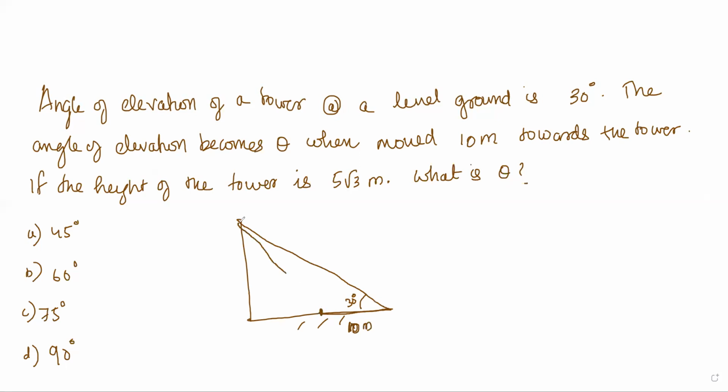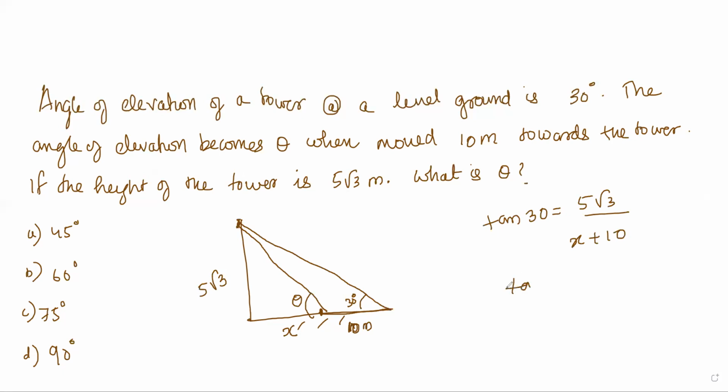If the height of the tower is 5 root 3, you have to find theta. I'm putting x here. Now tan 30 is opposite by adjacent, 5 root 3 by adjacent, and adjacent is x plus 10.